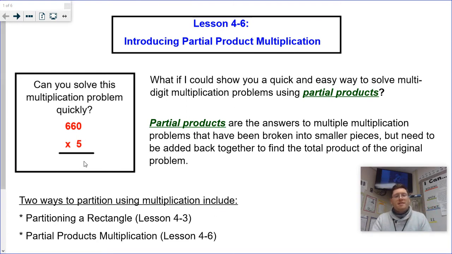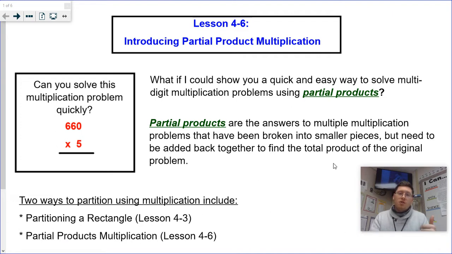So if I take 660 and break that apart, find my answers, I have to bring those answers back together to find the product of 660 times 5. Two ways that we can do this are partitioning a rectangle, which we did in lesson 4-3, or finding partial products of multiplication, which is in this lesson today.